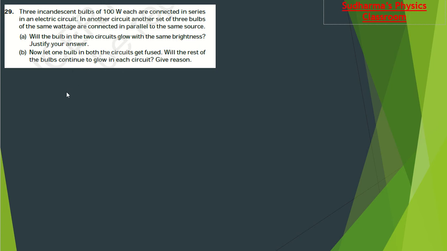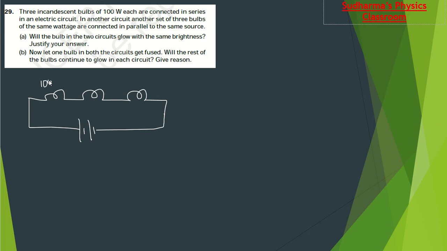So let's try to draw the circuit. 3 incandescent bulbs of 100 watt each are connected in series in an electric circuit. So series connection is this. This is a symbol for bulb, and we are connecting that to the supply voltage. So each one is 100 watt bulb, right? So each one is 100 watt. That means they have the same power rating.